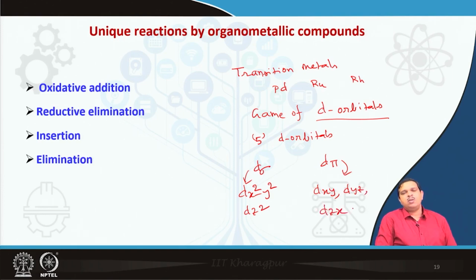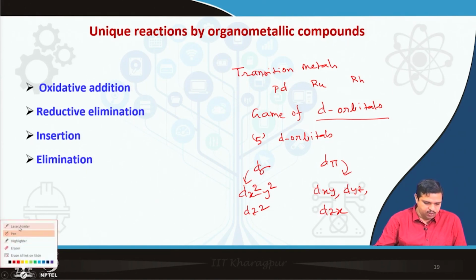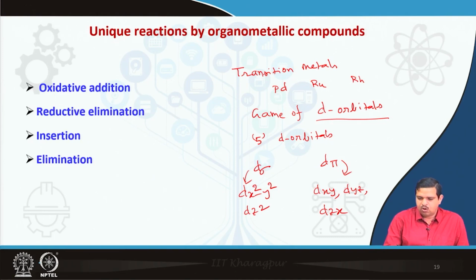If you recall the crystal field splitting of the d orbitals followed by crystal field theory of the octahedral transition metal complexes, we have read these two categories of the d orbitals.